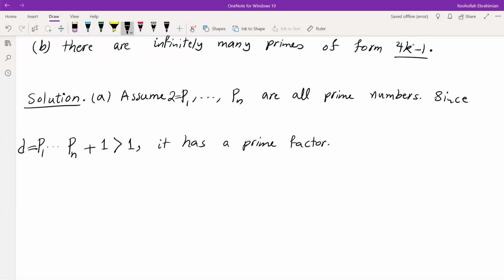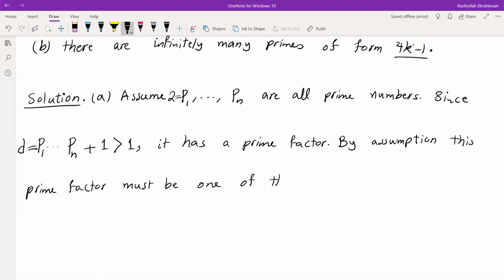Assume that prime factor is p. We know that all of the prime numbers are given in this list, so by assumption, this prime factor must be one of the Pi's.